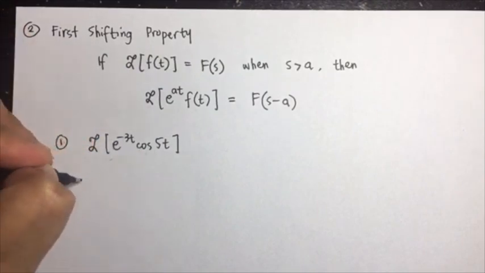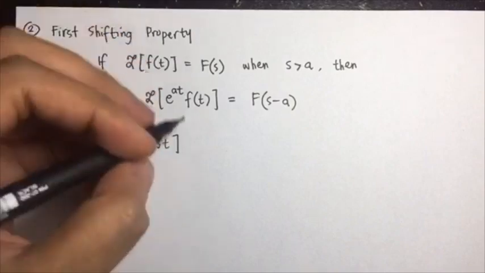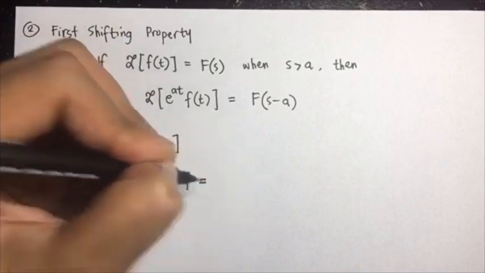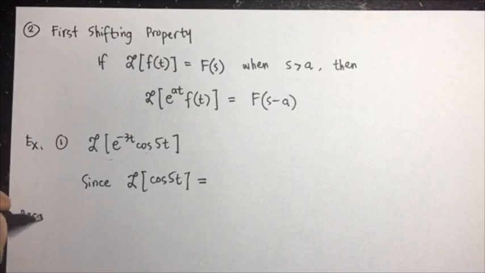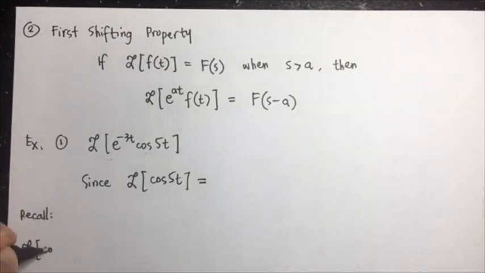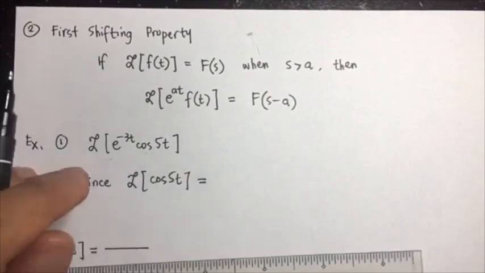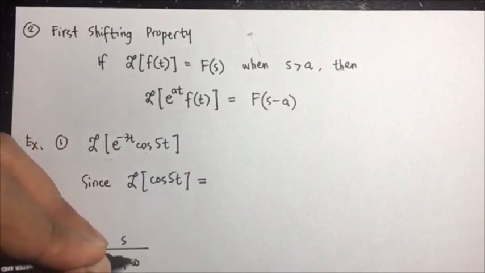Therefore, since the Laplace transform of cosine of 5t, recall the formula, the Laplace transform of cosine omega t is equal to s over s squared plus omega squared.